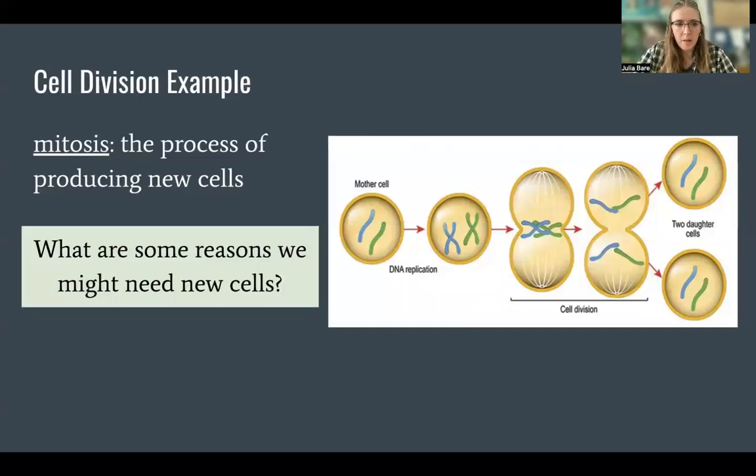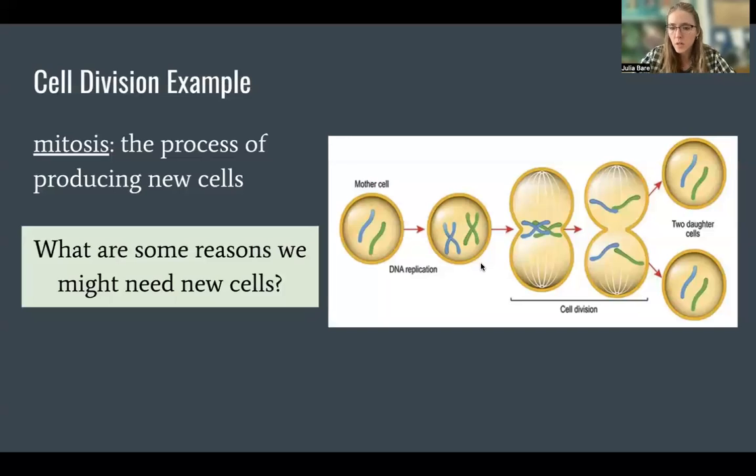So let's take a look at an example. Let's say that we want to go through the process of mitosis, which is actually what's in the end of Unit 4 for AP Bio. In the end of this unit, we talk about the process of producing new cells. Now, hopefully you've seen this before in your general biology classes, but this is just a review.